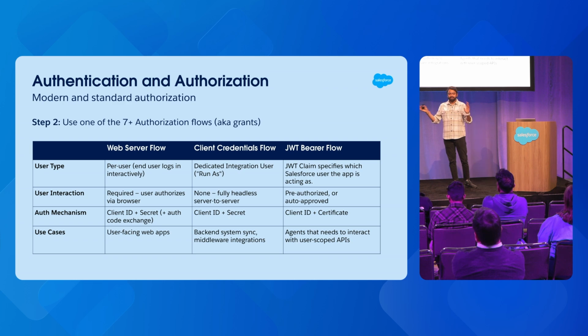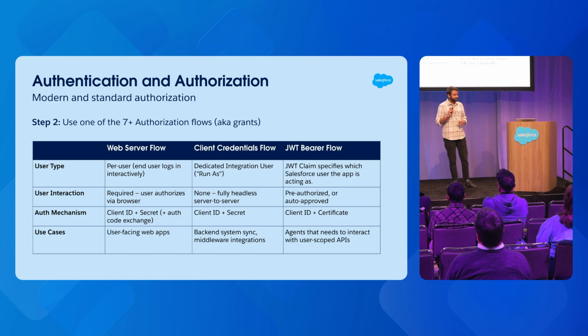Whereas, let me put it a different way, web server flow is per user. So anytime you want to access APIs on behalf of a particular user, you go with web server flow. If you want a single integration user, you go with client credentials flow. If you want both, you go with a JWT bearer flow. So that's how it is set up.